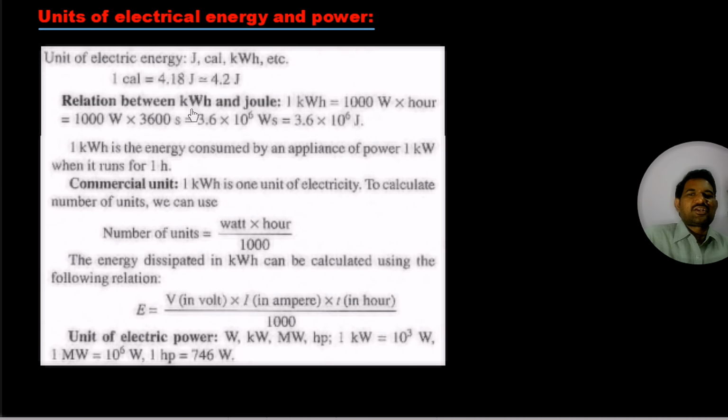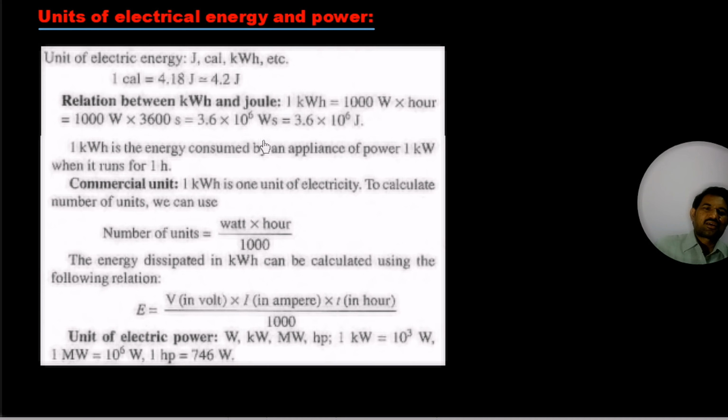Now let us see the relation between kilowatt hour and joule. 1 kilowatt hour means 1 kilo means 1000 watts, and this hour we can write like this, 60 into 60, so it is 3600 seconds. So now this can be expressed as 3.6 into 10 power 6 watt second.